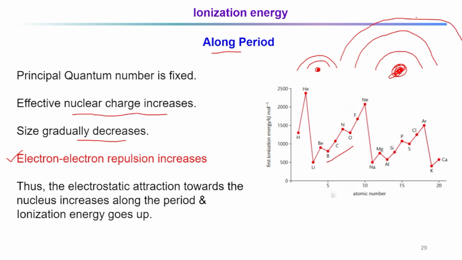If these valence electrons are far apart, the nucleus will not have much control on the electron, right? So you can easily take out this outermost electron.